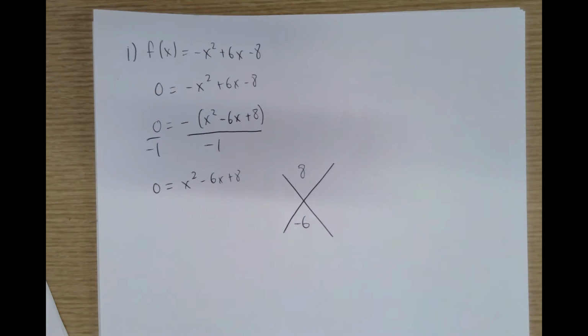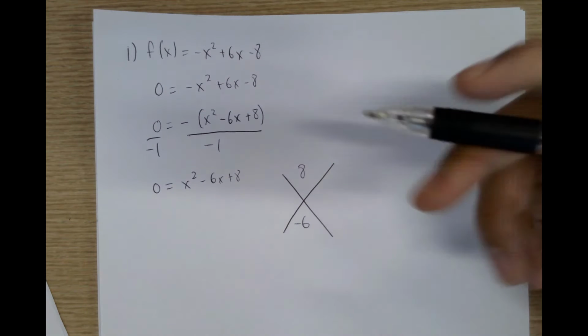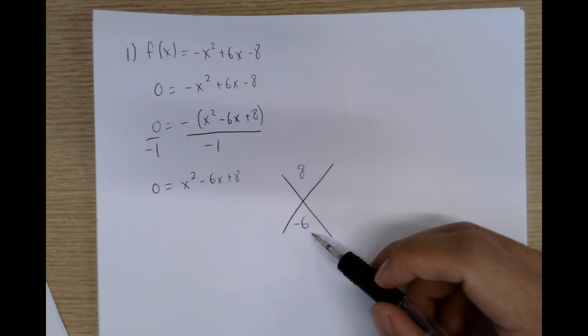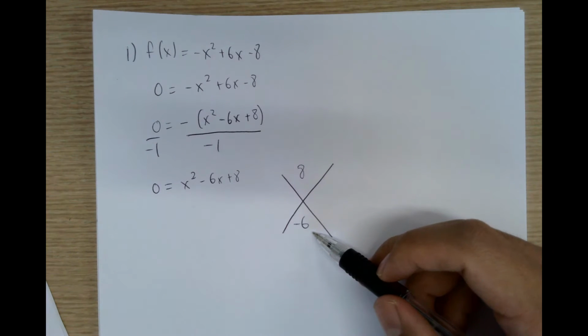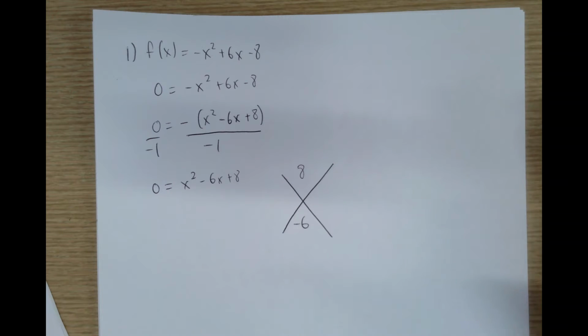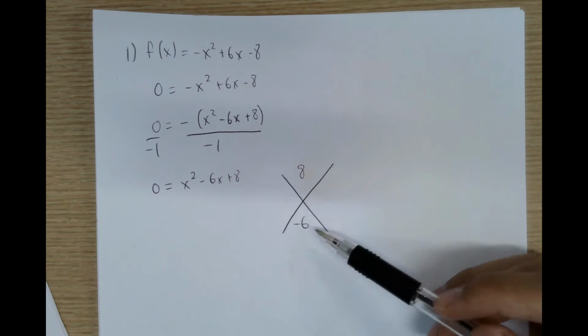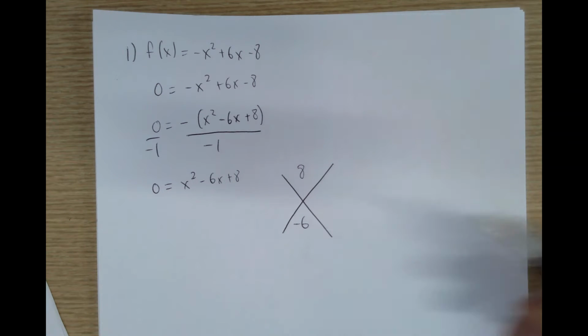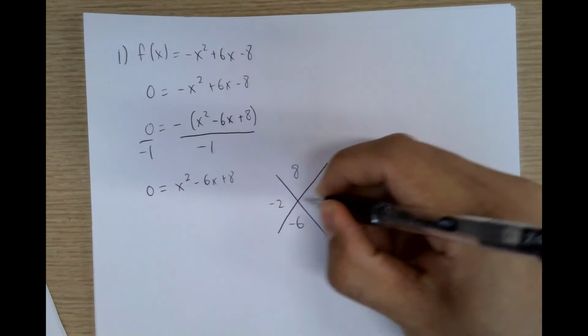Here we can just think about it. The different factors you might think about are 1 and 8. No matter what happens, 1 and 8 will never add up to negative 6. So the next factors are 2 and 4. If you were to add them together, if they're both positive, they equal positive 6. Multiplied they equal 8. So if they become negative 6, then they should both be negative.